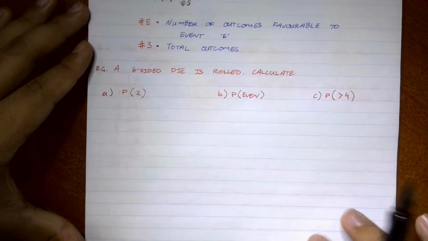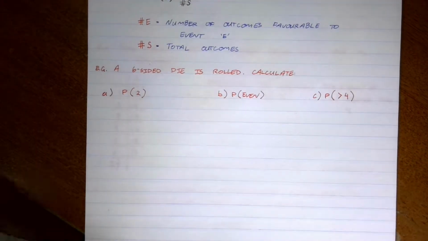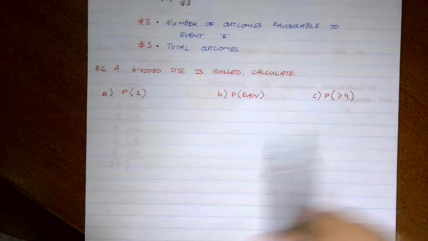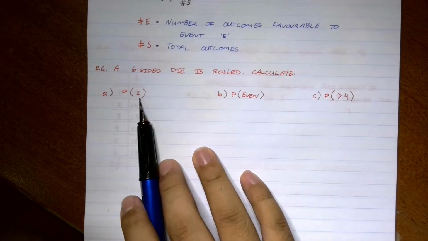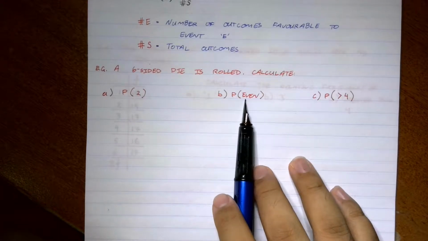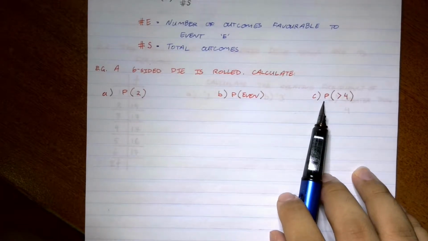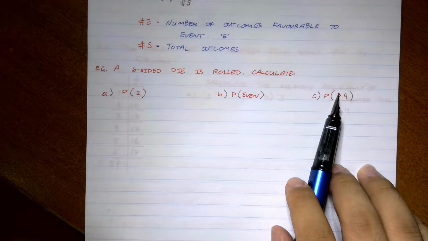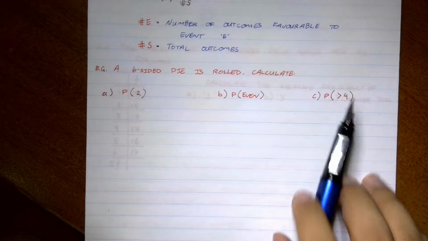So let's take a look at this example. A 6-sided die is rolled. Calculate the probability of a 2 being rolled, the probability of an even being rolled, and the probability of rolling a number greater than 4.